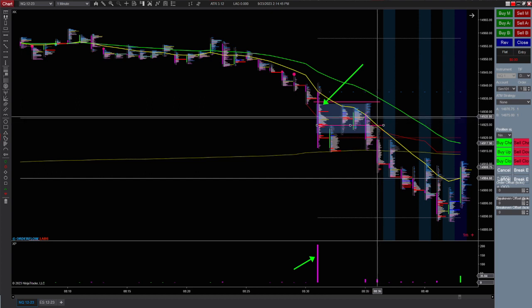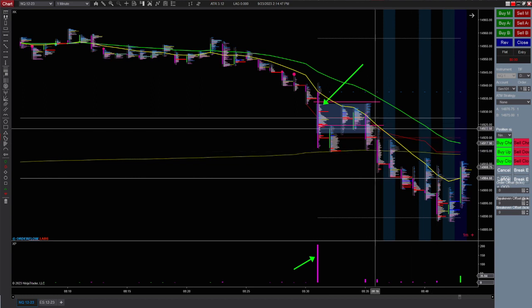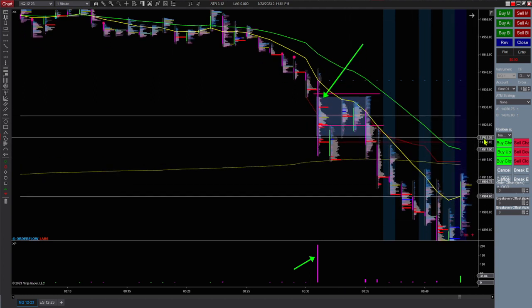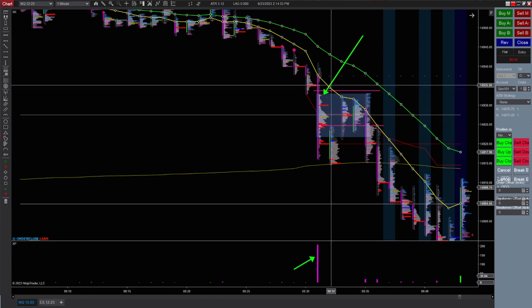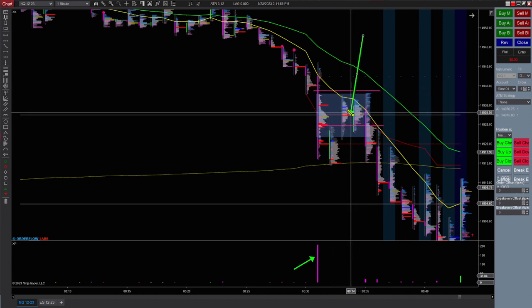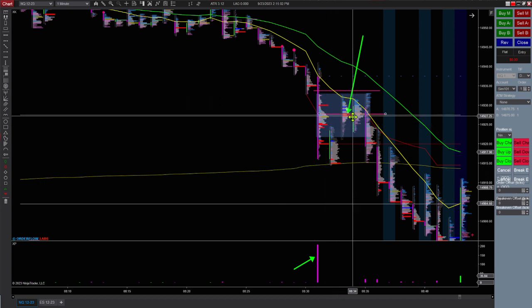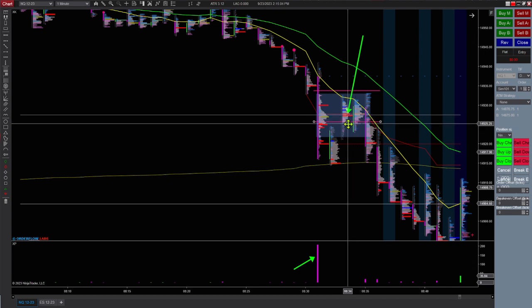I like to see price retrace into this area, and then see the selling come back in, just like on this bar right here, where we see more selling coming in. So I will start a position, maybe one lot, somewhere around there.